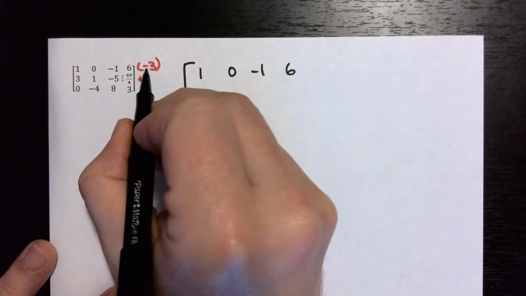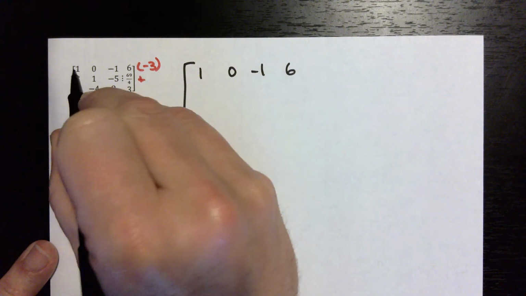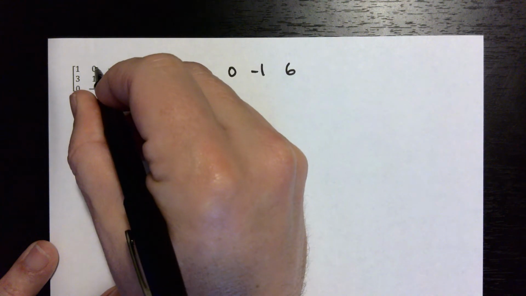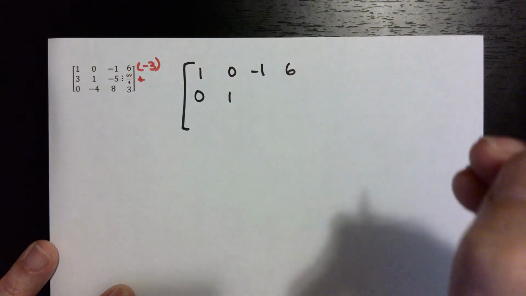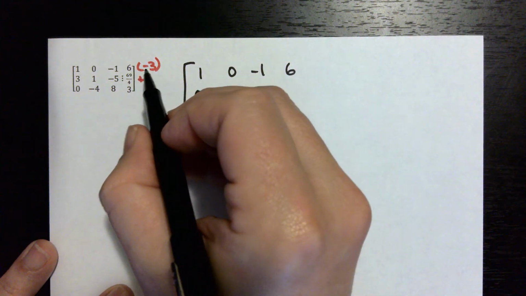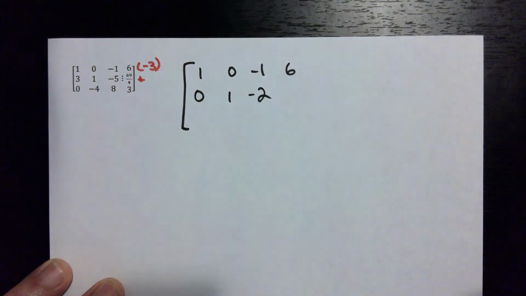But then I'm going to multiply -3 times 1 and add. So -3 times 1 is -3, plus 3 is 0. -3 times 0 is 0, plus 1 is 1. -3 times -1 is 3, plus -5 would be -2. And then -3 times 6 would be -18 plus 69 over 4.